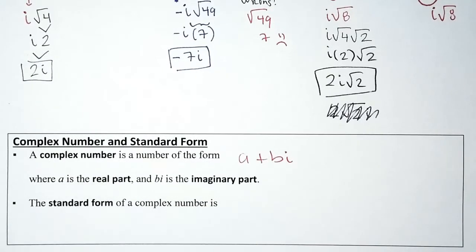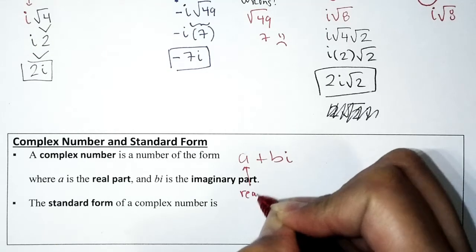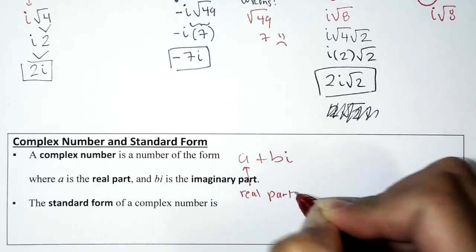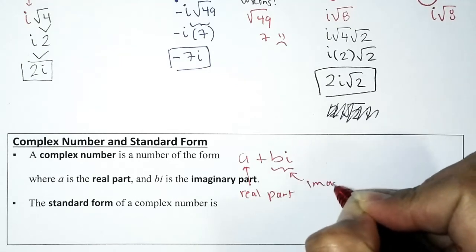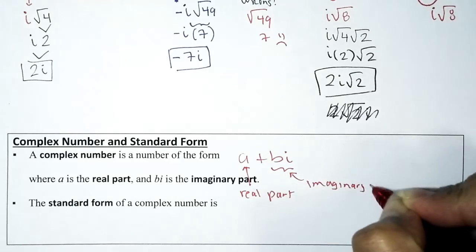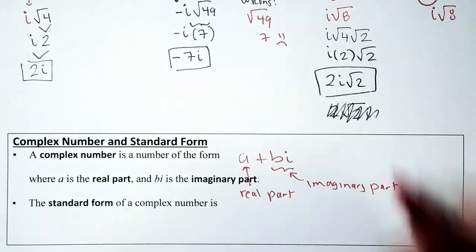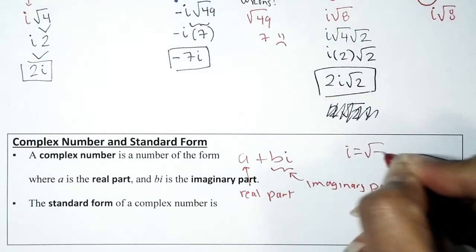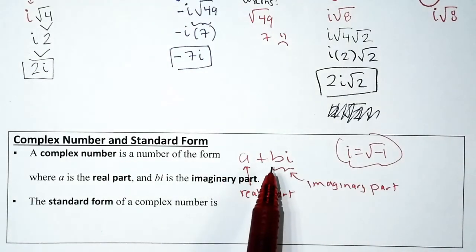In this case, a represents the real part, and bi represents the imaginary part. Depending on the book, it will say that b represents the imaginary part. I want to point out that i is the imaginary unit that we have from above. So i represents the square root of -1, and a and b represent real numbers.